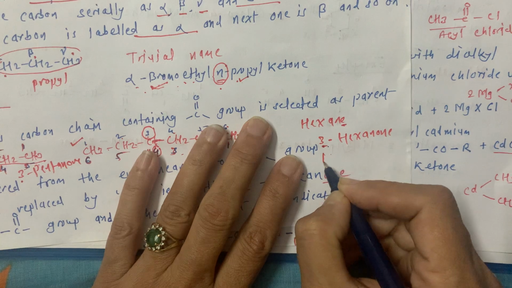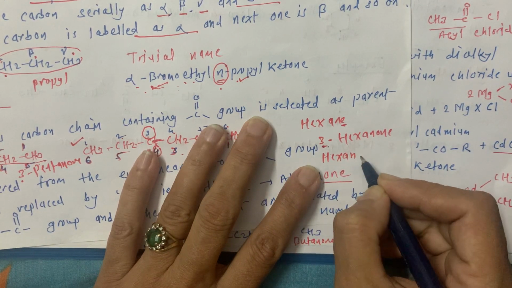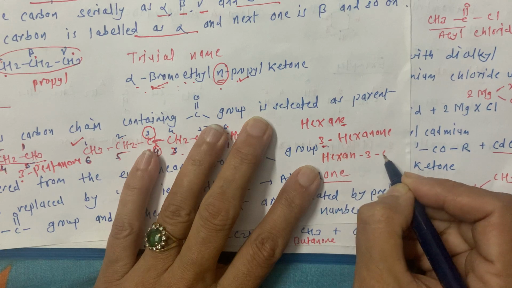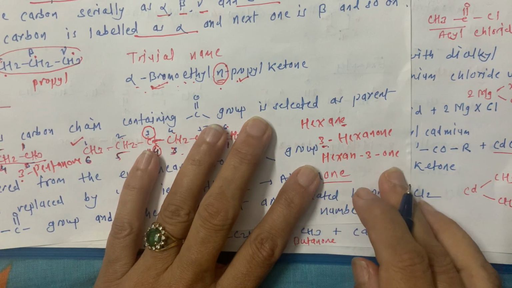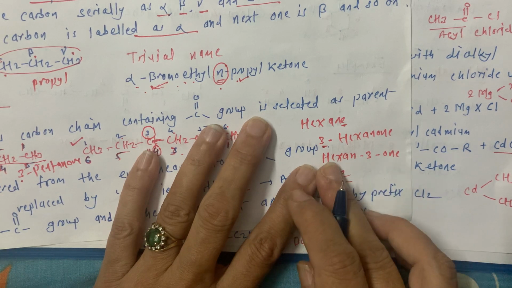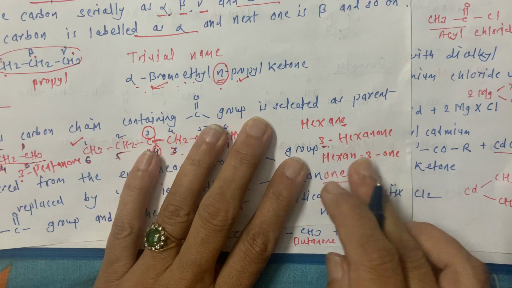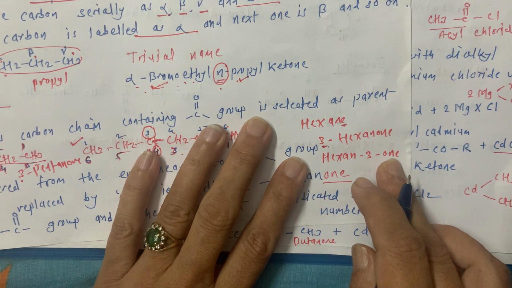Just like here we can do this: hex, then here it is 3, and then this is ONE, hexan-3-one. This is the most accurate numbering, the most accurate way of writing the compound in the IUPAC nomenclature system.